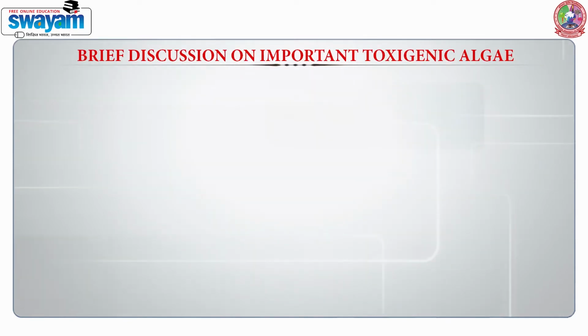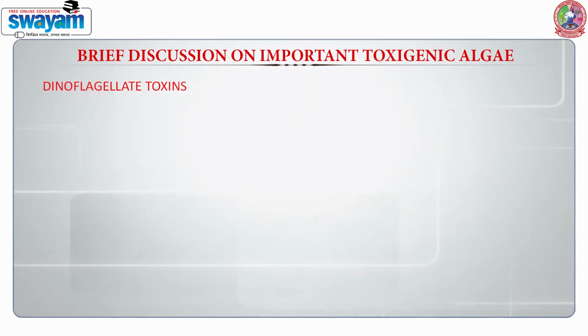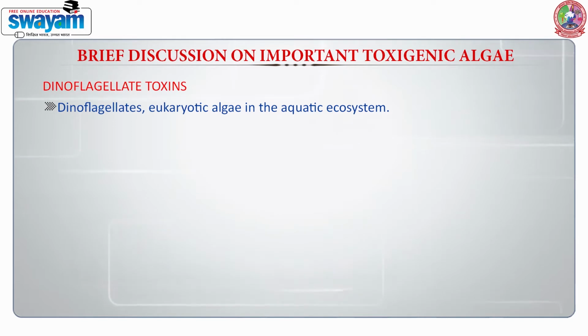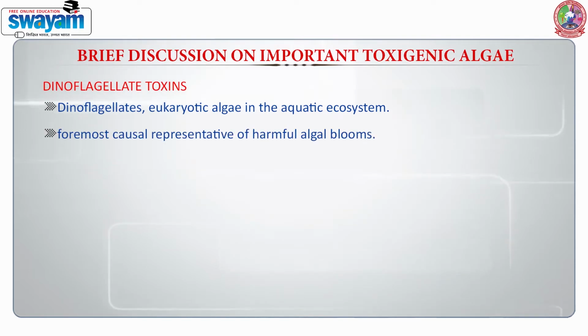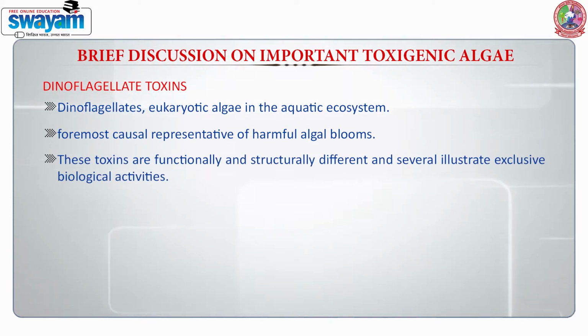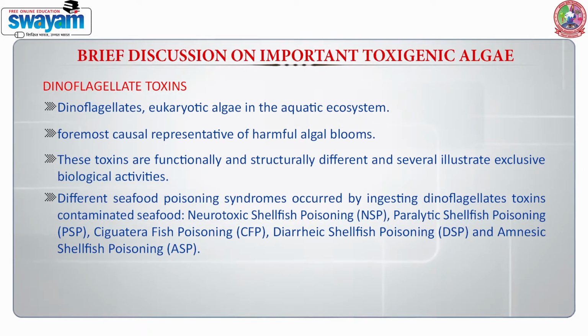Now let us see what are the important toxic algal dinoflagellate toxins. Dinoflagellates are a group of eukaryotic algae in the aquatic ecosystem. Foremost causative representatives of harmful algal blooms, these toxins are functionally and structurally different and several exhibit exclusive biological activities. Different seafood poisoning syndromes occur by ingestion of dinoflagellate toxins and such contaminated seafoods.